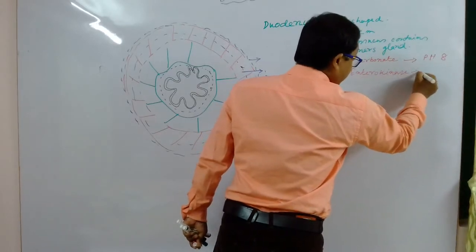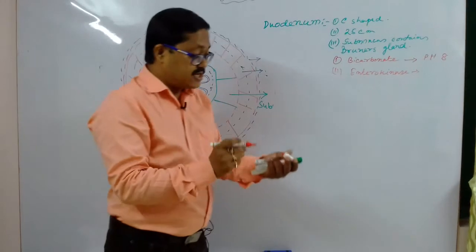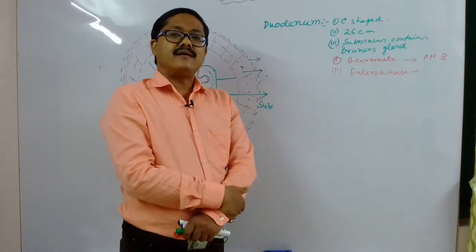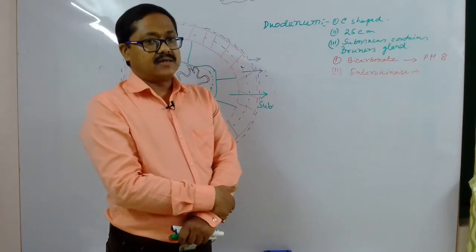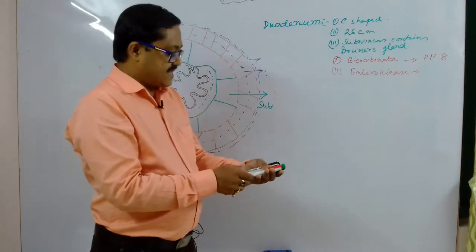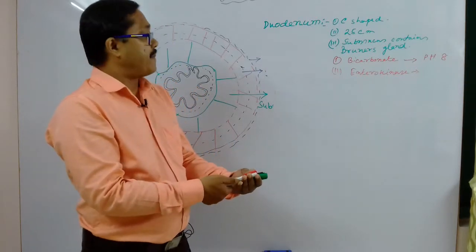What is the function of the enterokinase? Very important question. Enterokinase is an enzyme that converts the zymogen trypsinogen, which is secreted in the pancreatic juice.